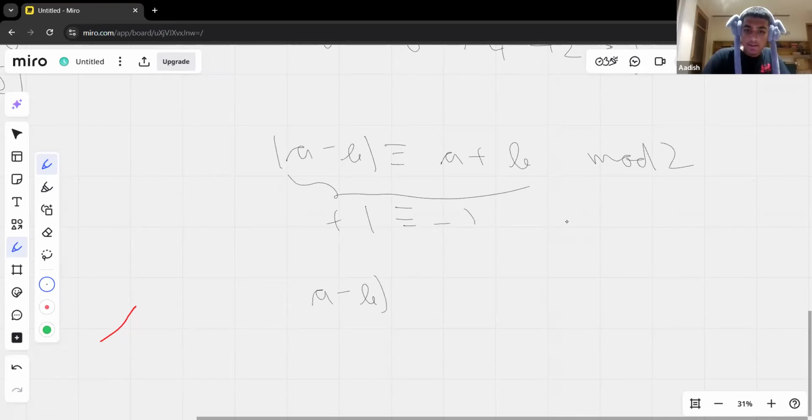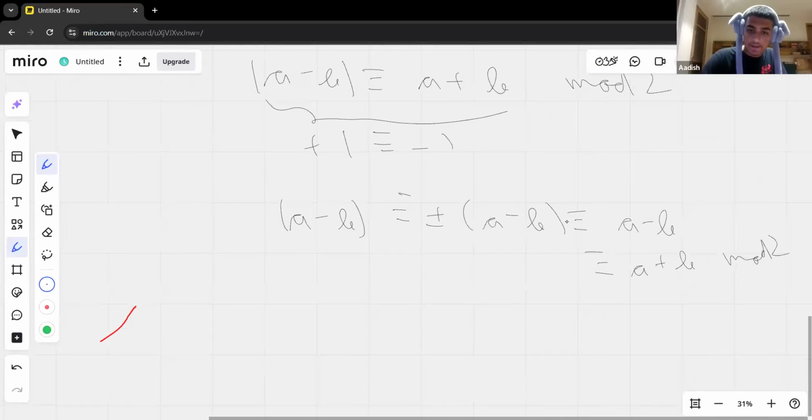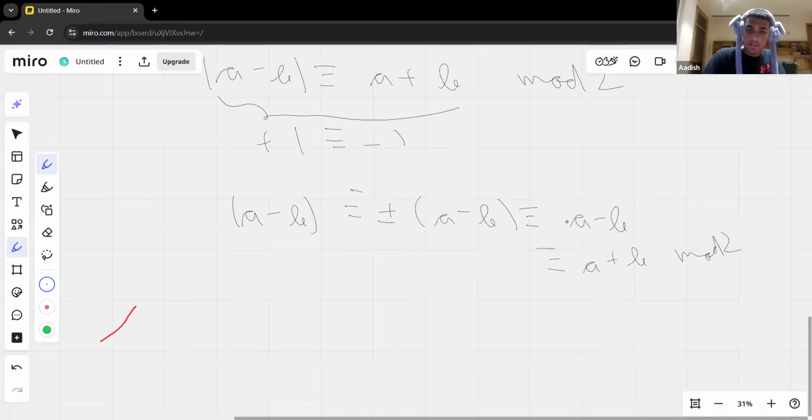So A minus B doesn't matter, it's either plus A minus B or minus A minus B, but both of them are equal mod 2. So it is just A minus B mod 2. And once again, minus and plus are the same mod 2. So this is just A plus B mod 2. Is everyone clear why this is true? A minus B equals A plus B mod 2.